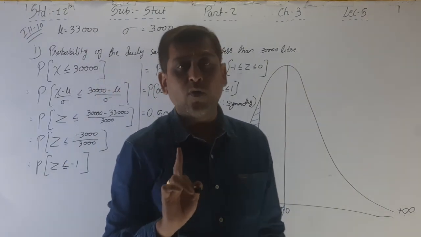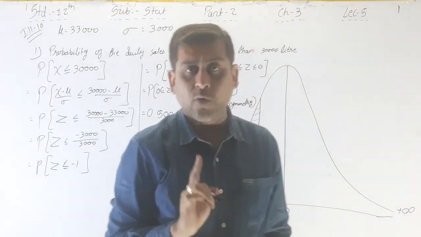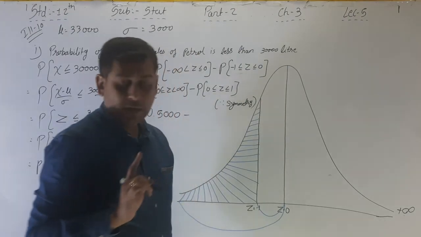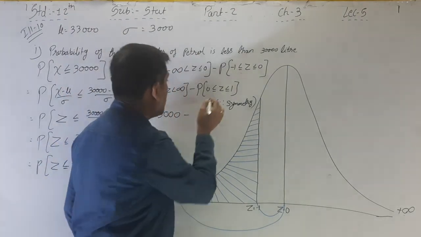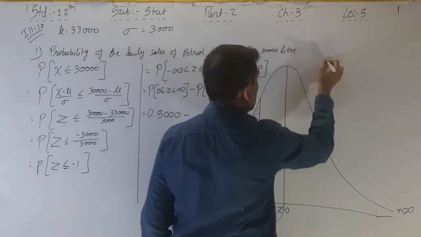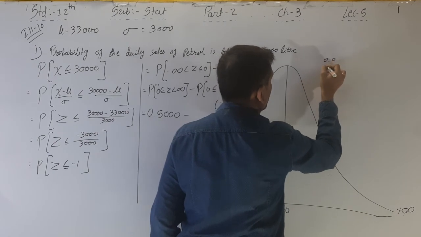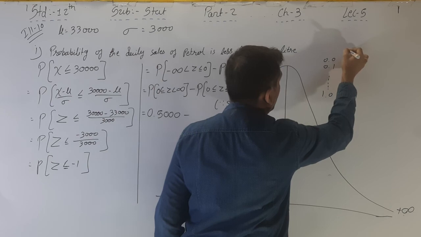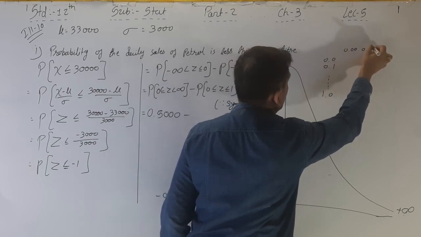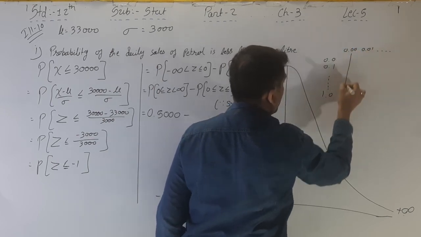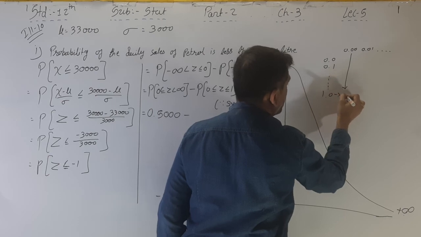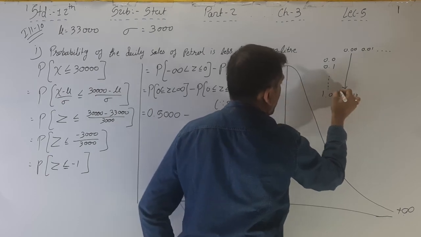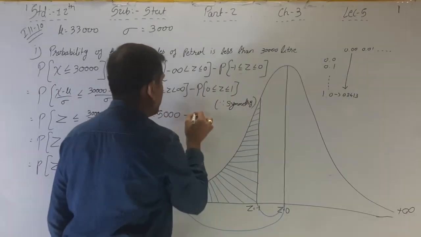Exactly one value we have to find out, that is 0.3413, right? How do we find it? Look at 1.0 in the row and 0.00 in the column. Here we have to see 0.3413; this is our area.